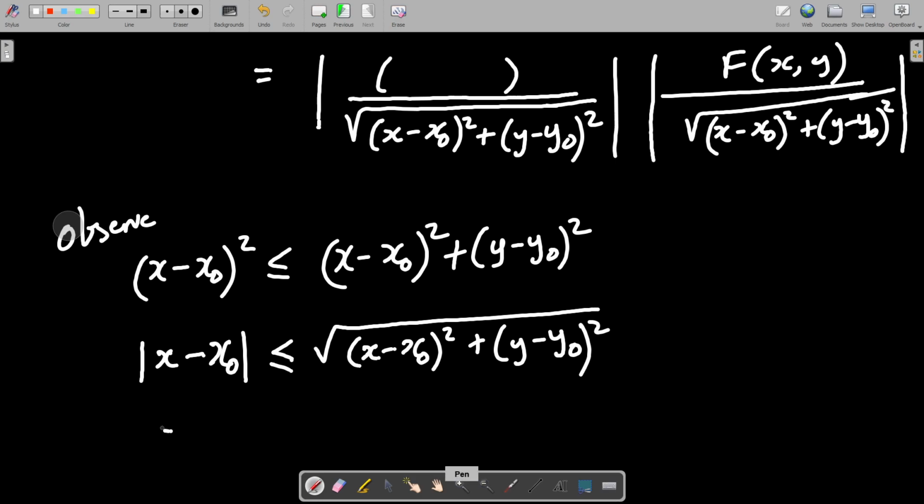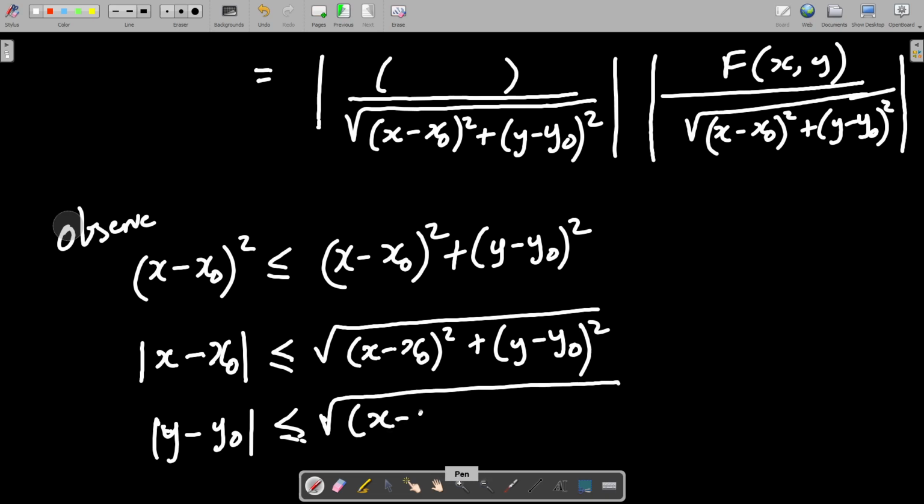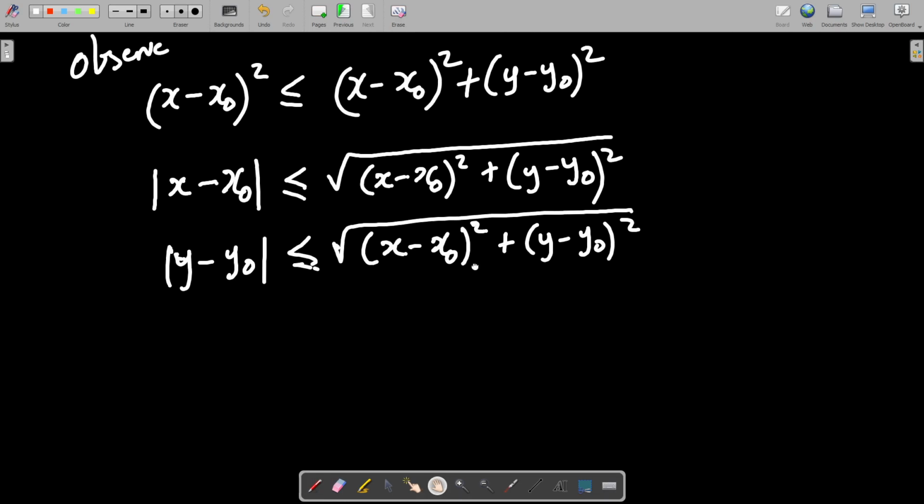Similarly, you also have modulus of y minus y naught less than or equal to the square root of the same sum. So this is done.